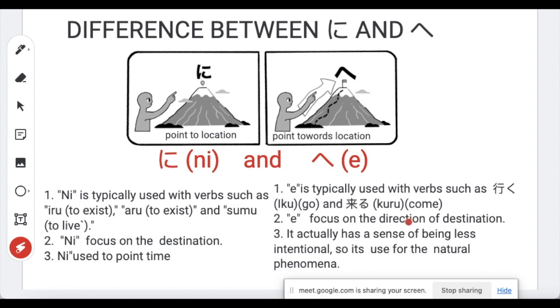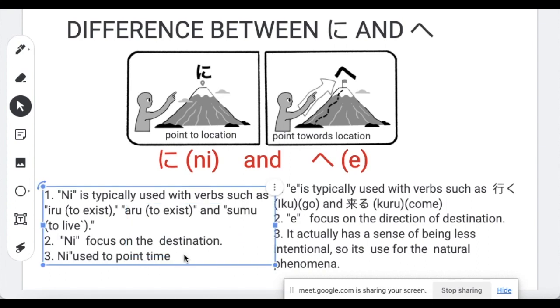So it is focusing on the direction to the destination. Then ni is used to point to time. Ni is used for pointing time.